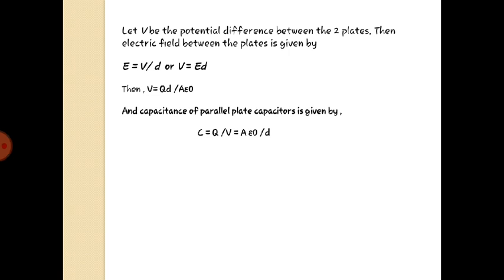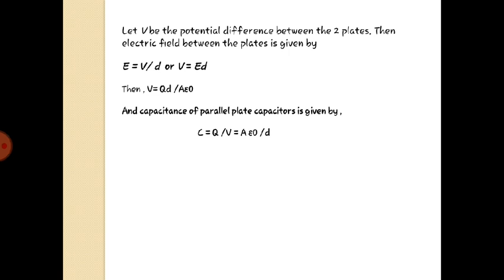Okay. So the query you can have is this: we have derived this only for a parallel plate capacitor, right? But what if the type of capacitor is not parallel plate? If it is spherical, then what will happen to it? Then we have to derive the formula for it.